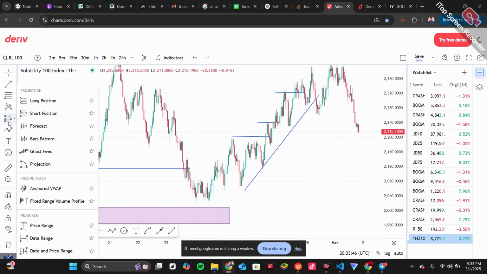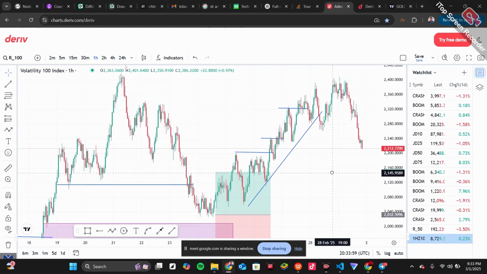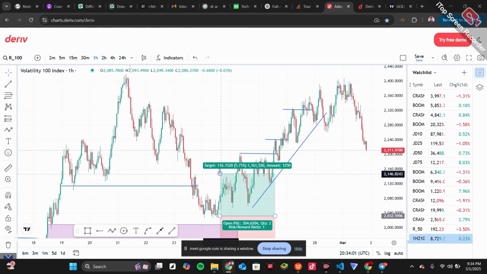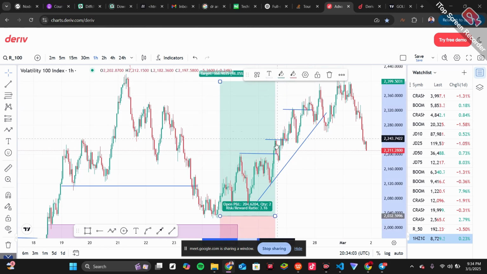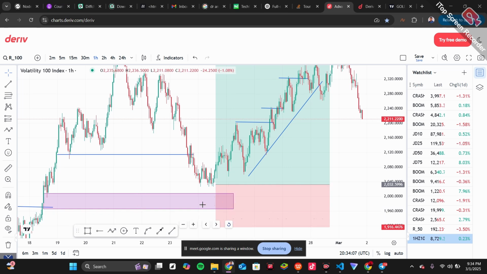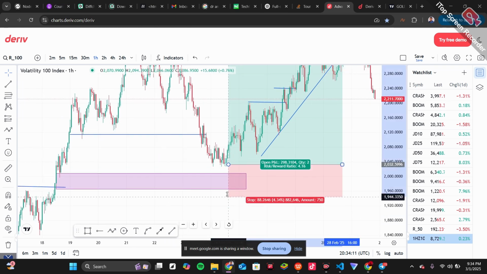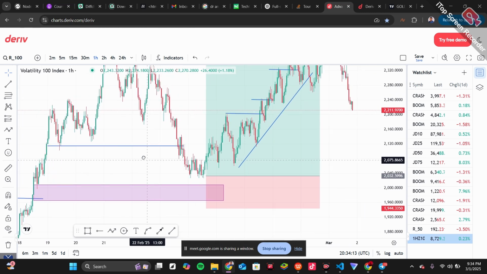Let me see what the risk to reward ratio is. Let me see where the price range is. It's starting from here. After the liquidity, starting from this zone, price would go up, then your stop loss below is a nice stop loss.